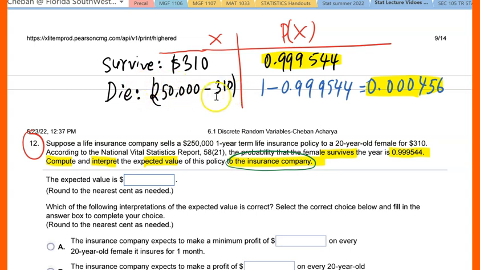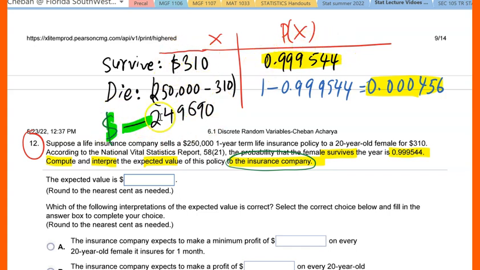If the person dies, the insurance has to pay $250,000, but the insurance already collected $310. If you subtract, you get $249,690. Remember that it's negative, it must be negative for the insurance company, because the company loses that much money when the person dies. Does that make sense?